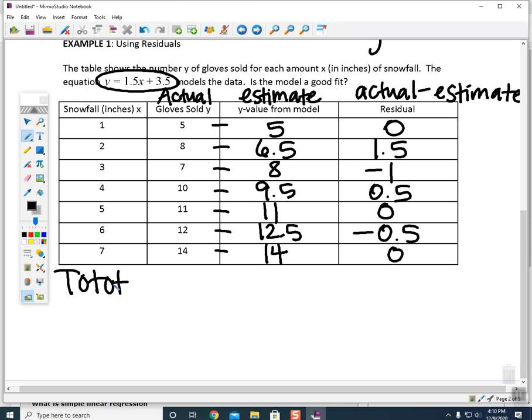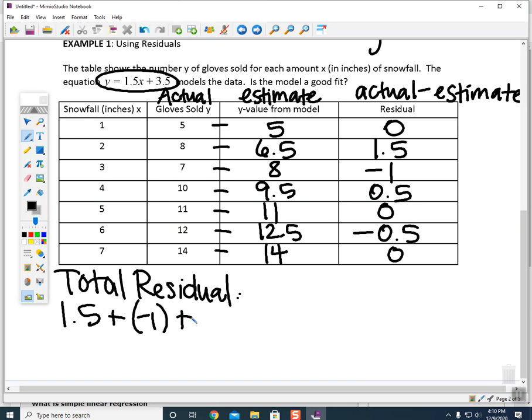Total residual is when I'm going to add them all up. So I'm not going to include the zeros, because if I add 0 to something, it's just going to stay the same. So my first actual number is 1.5 plus negative 1 plus 0.5 plus negative 0.5.